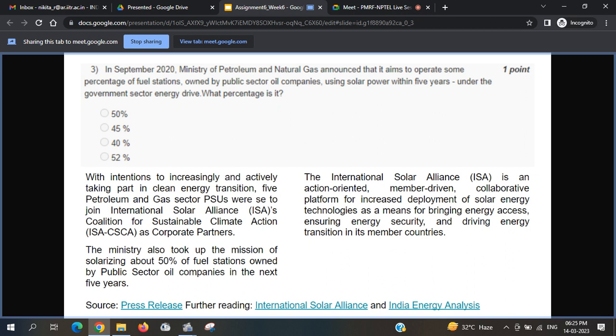What the ministry did was take up as a mission to solarize about 50% of the fuel stations owned by public sector oil companies in the next 5 years. So the operation of the fuel stations would be done using solar energy instead of other energy sources. This was taken up by the ministry as a mission.